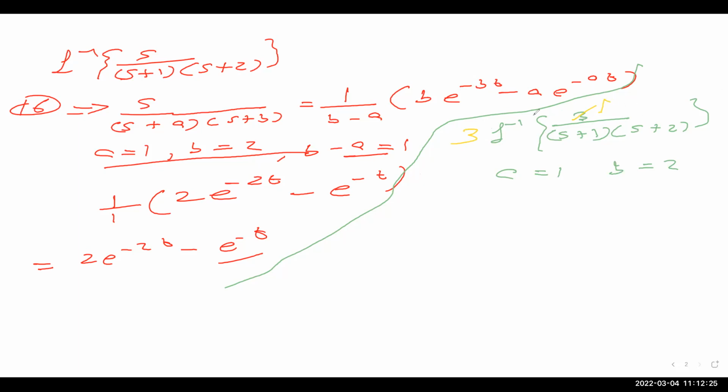So we get 3 times (e to the minus t minus e to the minus 2t). So we have this part here, and what we need is the addition of these two. It looks like a multiplication.